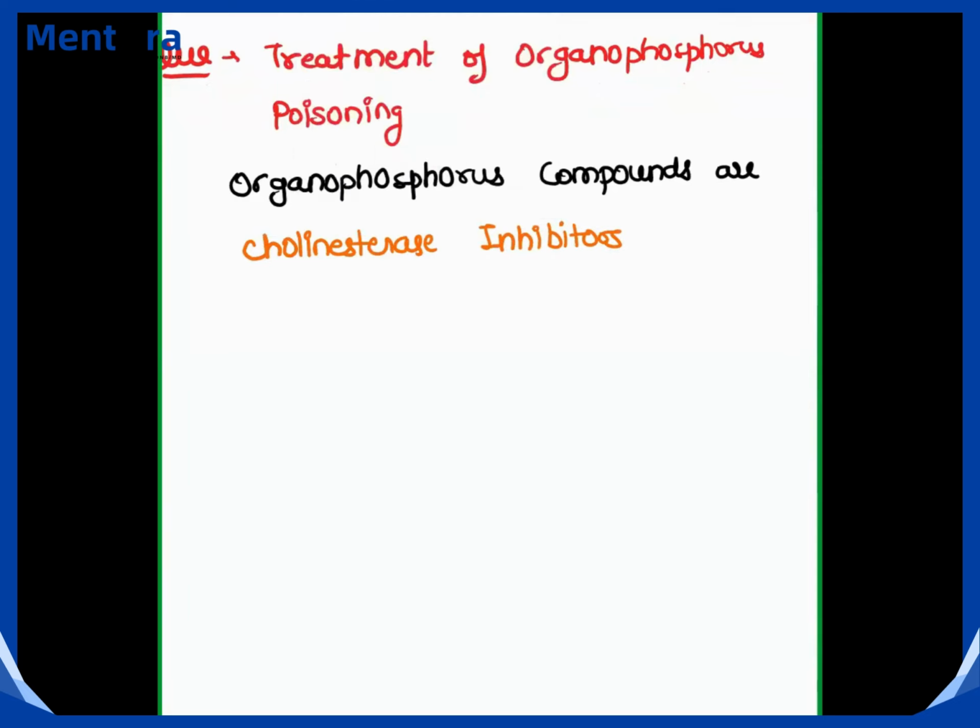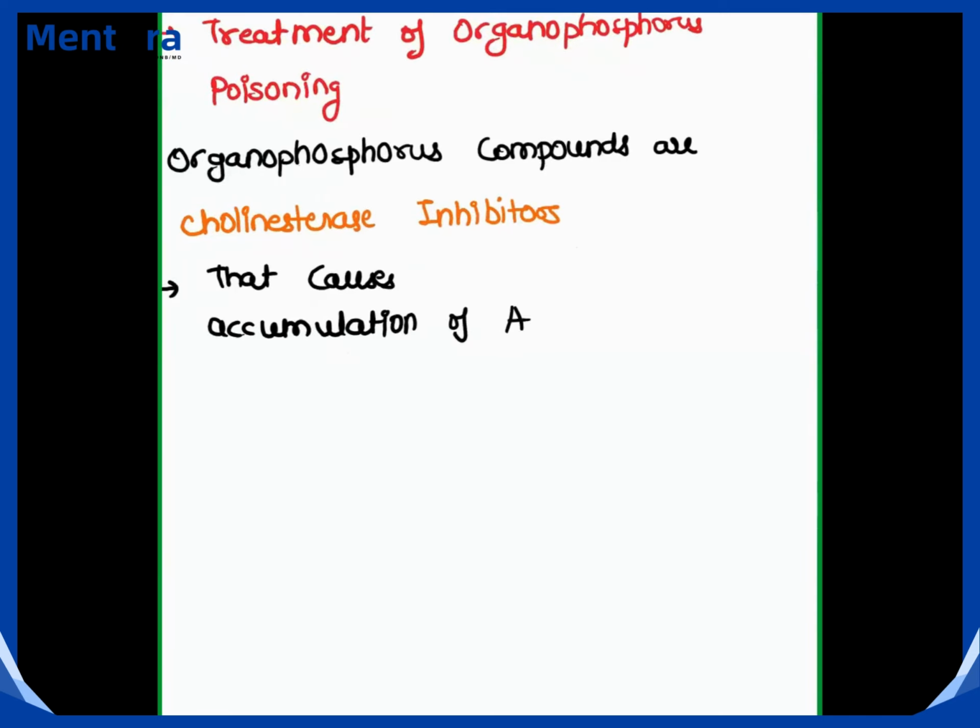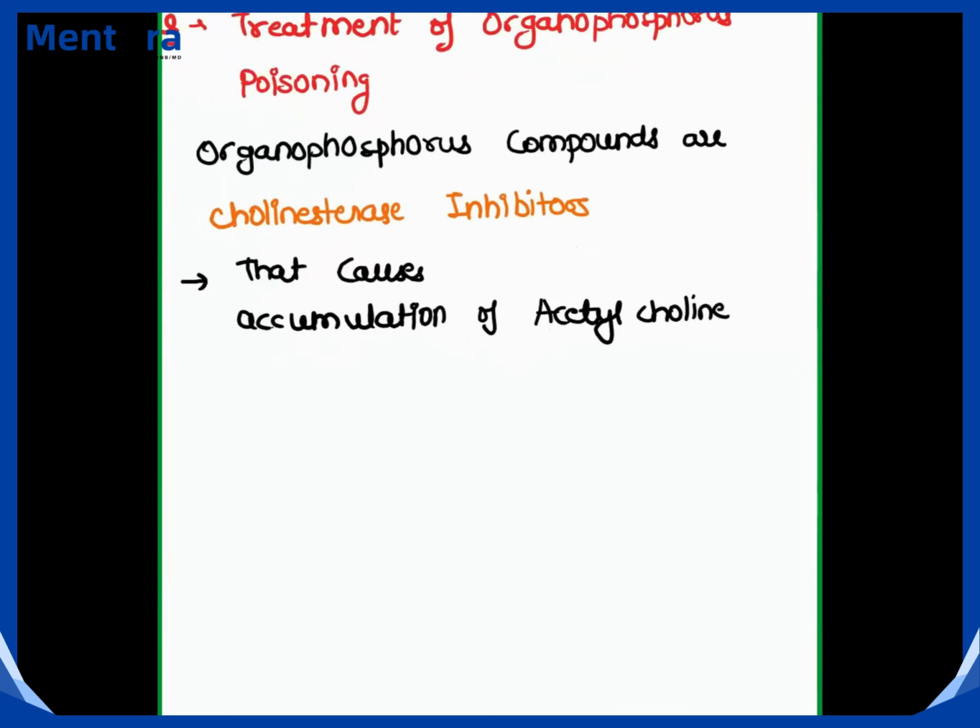That means they inhibit the enzyme which destroys acetylcholine. So as a result of organophosphorus poisoning, the concentration of acetylcholine is increased. That causes accumulation of acetylcholine at synapses and neuromuscular junctions.